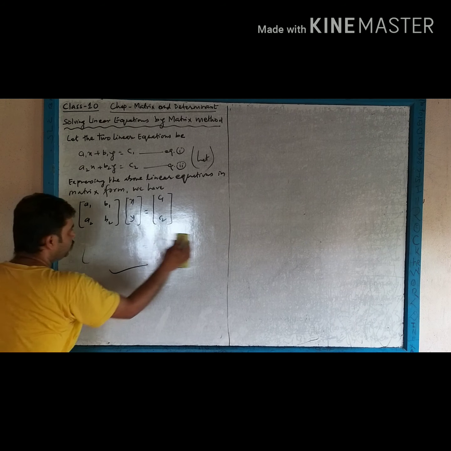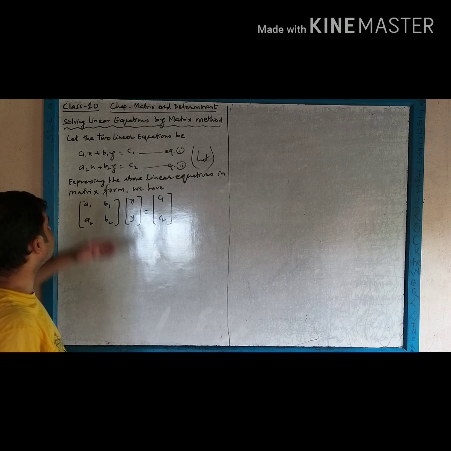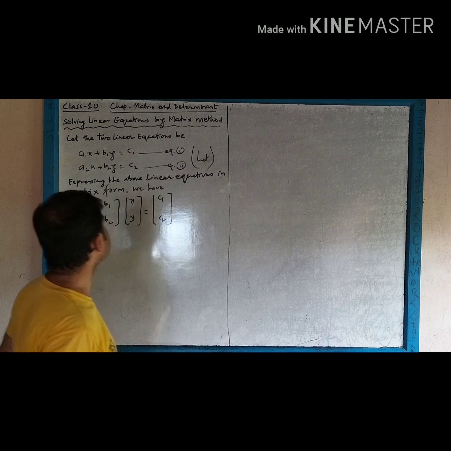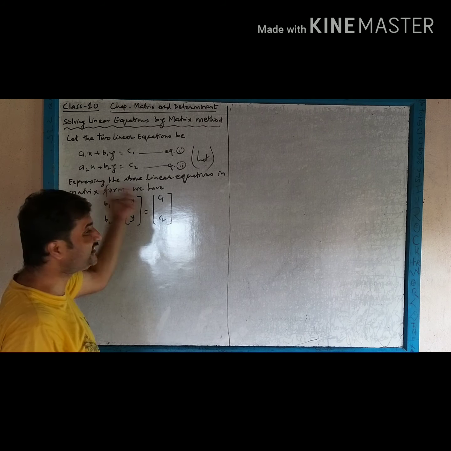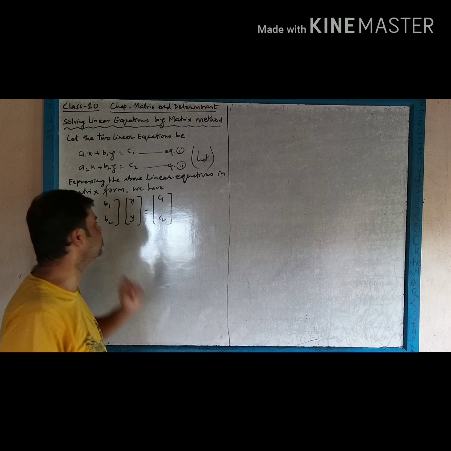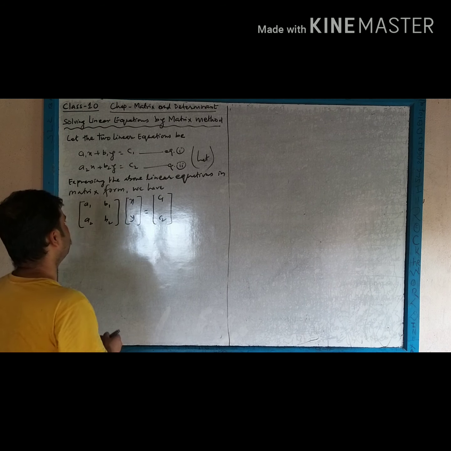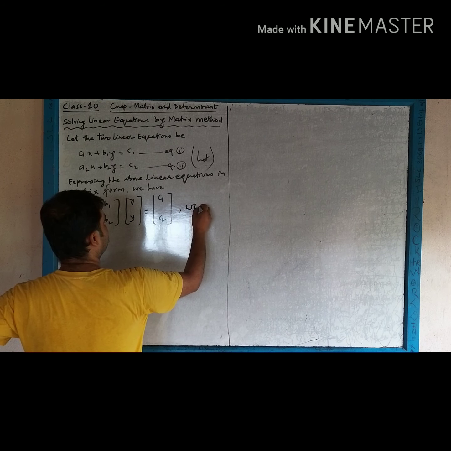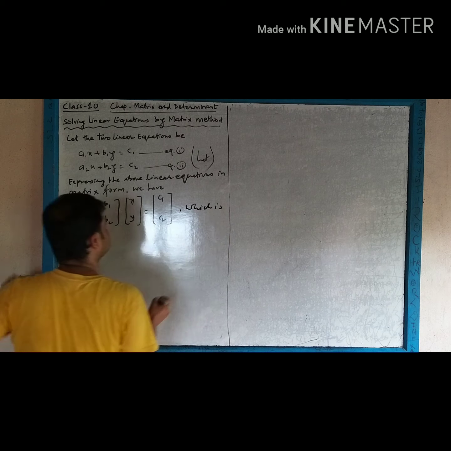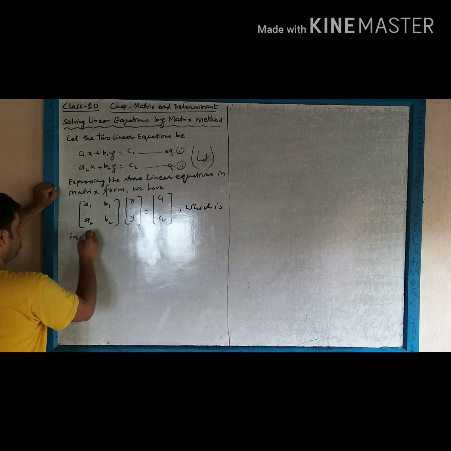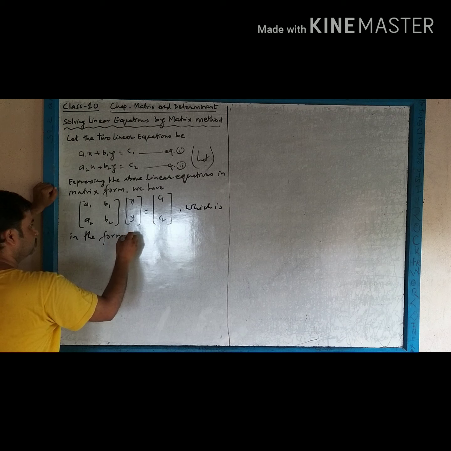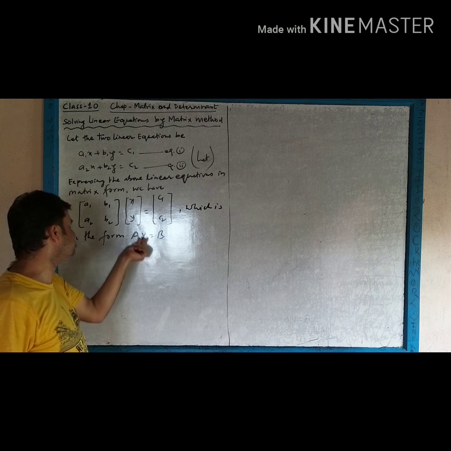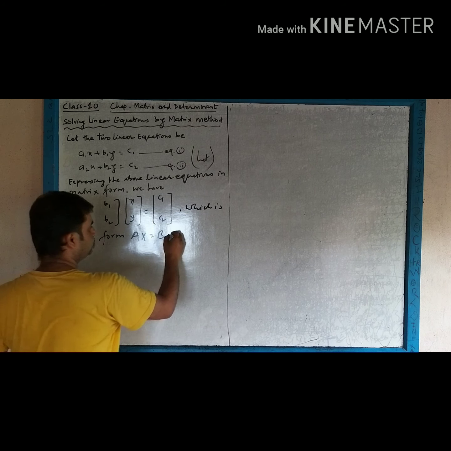So these are the two simultaneous linear equations involving two variables x and y, and I am expressing them in matrix form, and this is its matrix form, which is in the form AX equals B. A is a matrix, X is a matrix, and B is a matrix.